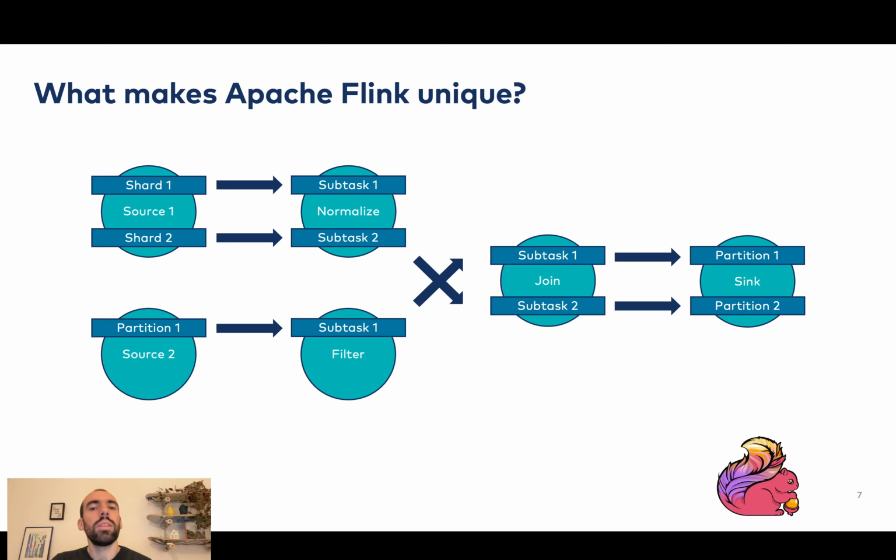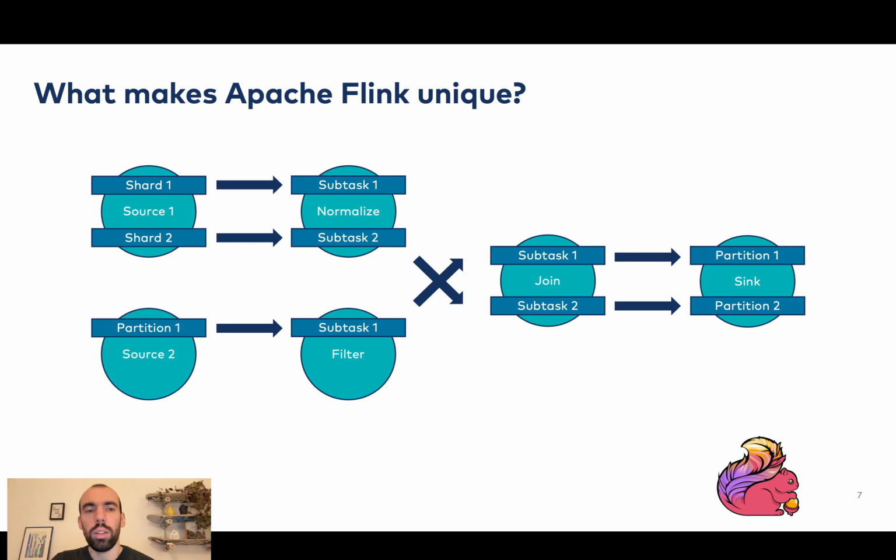The important piece here is you never have to think about parallelism, threading, network stacks or network buffers or serialization. Most of the stuff that makes distributed stream processing hard is actually abstracted away from you.